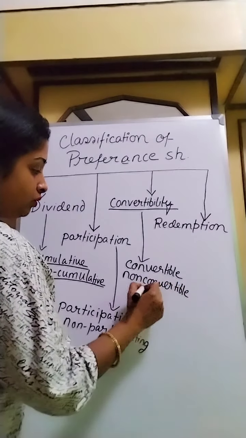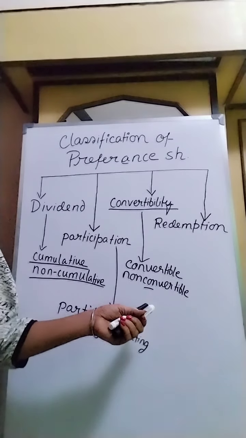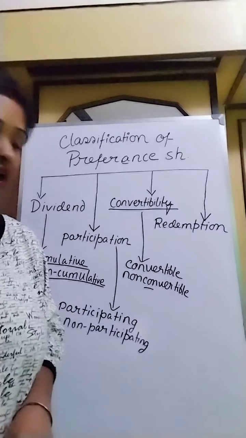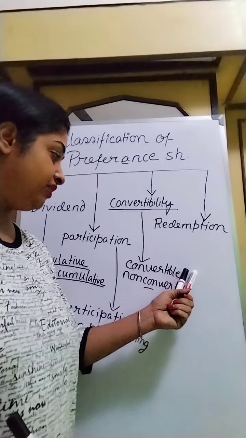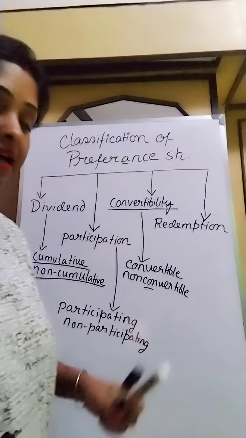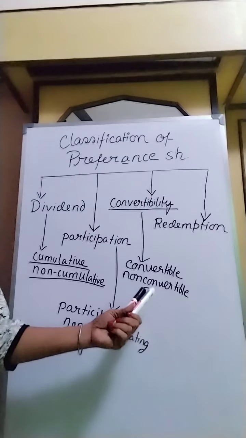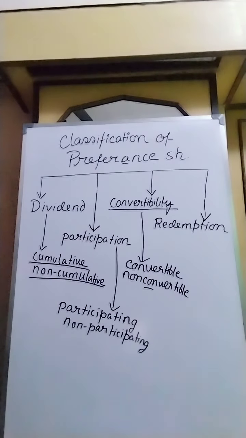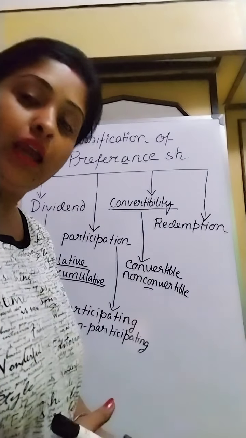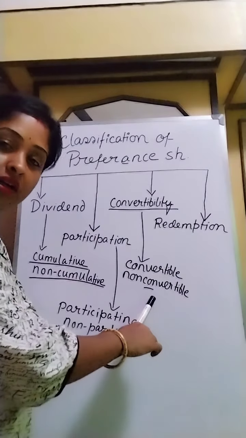Convertible preference shares are those which carry a right to be converted into equity shares. As the name suggests, these can be converted into equity shares. Non-convertible preference shares are those which do not carry a right to be converted into equity shares.